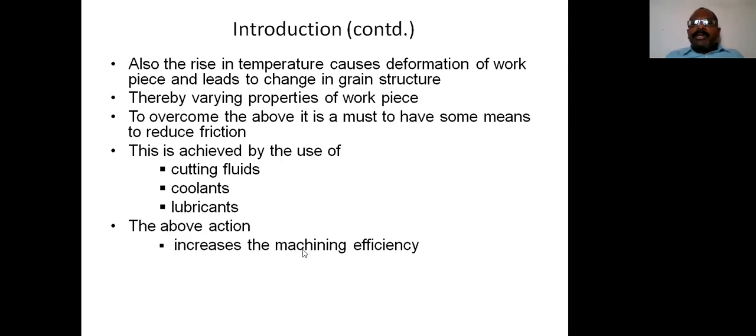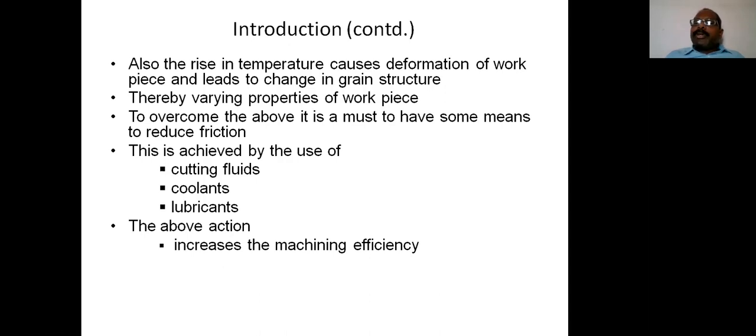What is the meaning of machining efficiency? The first one is the required geometry or required dimension. Second is surface finish. Machining efficiency increases means the dimensions produced during machining are controlled within the tolerance limit.